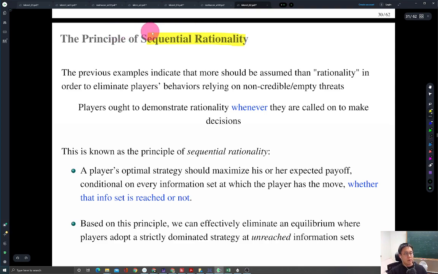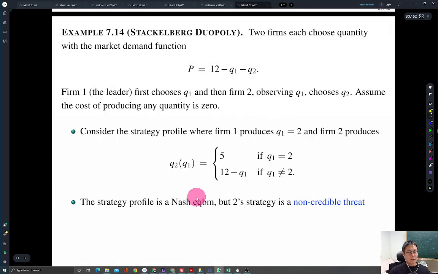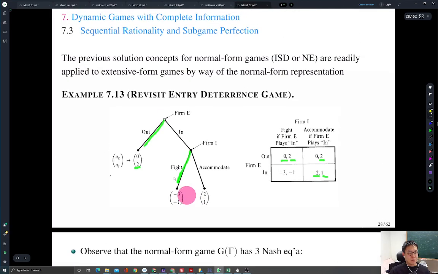And this principle requires that every player ought to demonstrate rationality whenever they make a decision. Okay, more precisely, a player's strategy should maximize his expected payoff at every information set, whether that information set is reached or not.